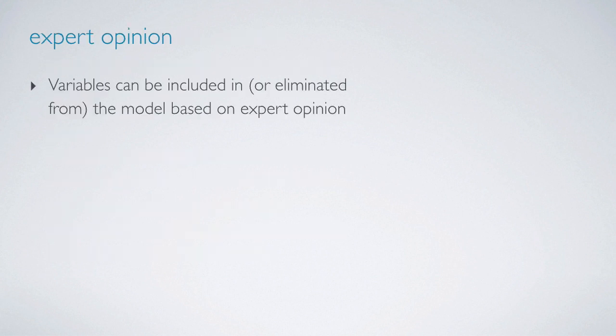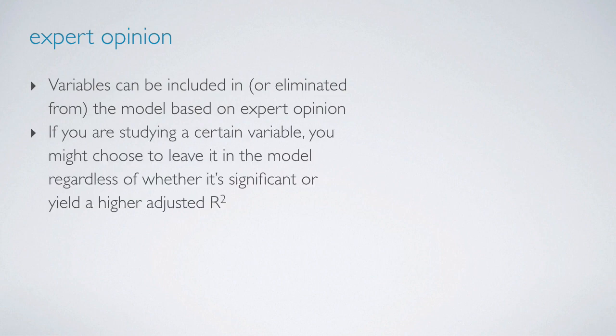We talked about algorithmic ways of doing model selection. However, sometimes variables can be included in or eliminated from the model based on expert opinion as well. For example, if you're studying a certain variable, you might choose to leave that variable in the model regardless of whether it's significant or whether it would yield a higher adjusted R squared or not.